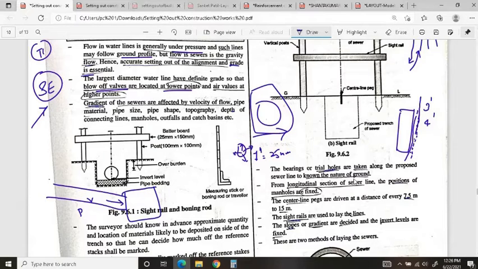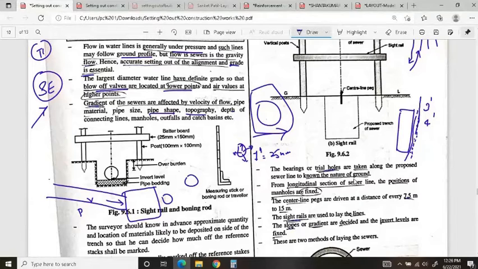So we should have a minimum size of pipe, and the material should be strong enough. If you use plastic pipe, it will burst. But normally we use cast iron pipes. Okay, and pipe shape, generally we will go for the circular one.